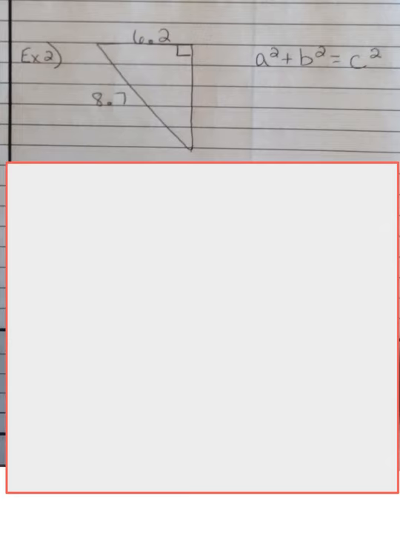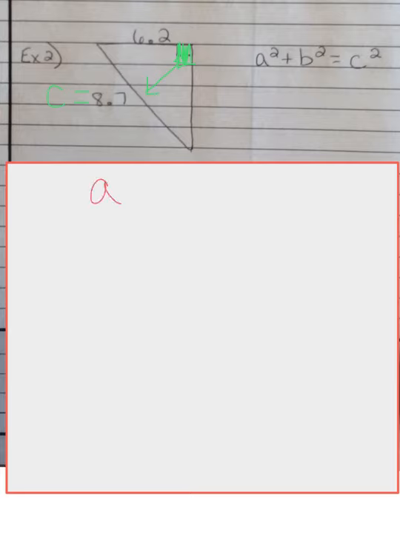So here on example 2, yes, we have decimals, that's okay. Let's identify where that right angle is, and here's my right angle, and so across from that right angle is going to be your C value. And so we are going to plug these numbers into our formula here.